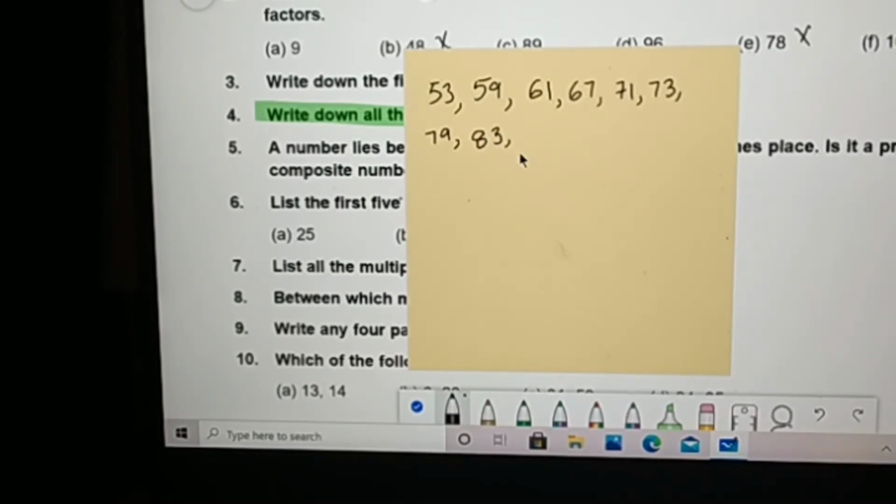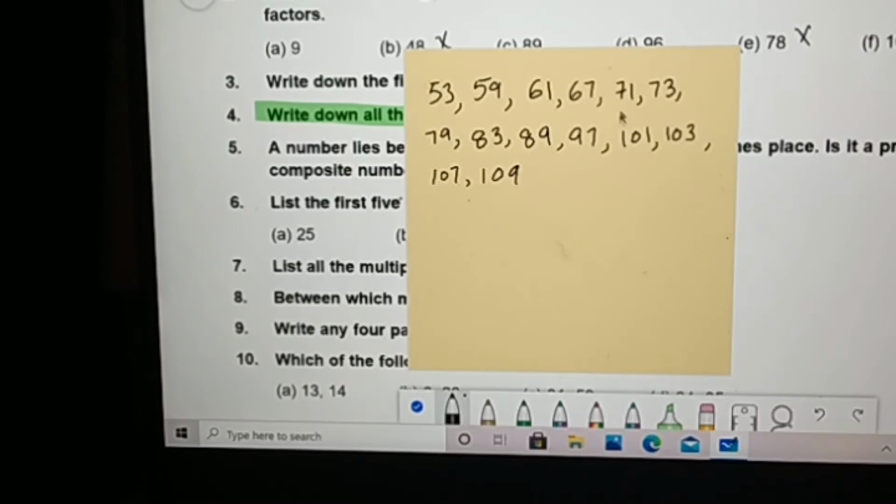And 89 is a prime number, 97 is a prime number, 101 is a prime number, 103 is a prime number, and then we have 107. 107 is a prime number and 109 is a prime number.